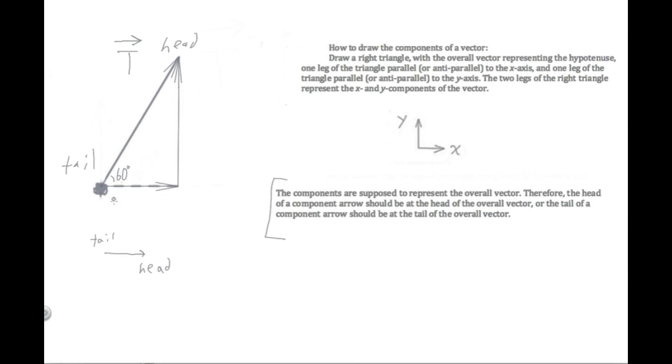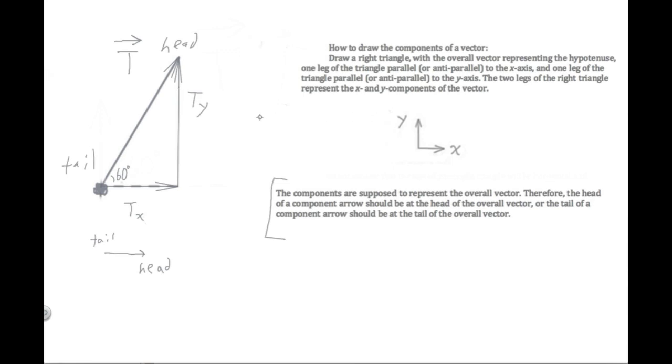Well, the correct labels here are, this should be labeled T sub x, because this is the x component of the tension, and this should be labeled T sub y because it's the y component. This leg is parallel to the x-axis, which makes it the x component. This leg is parallel to the y-axis, which makes it the y component.